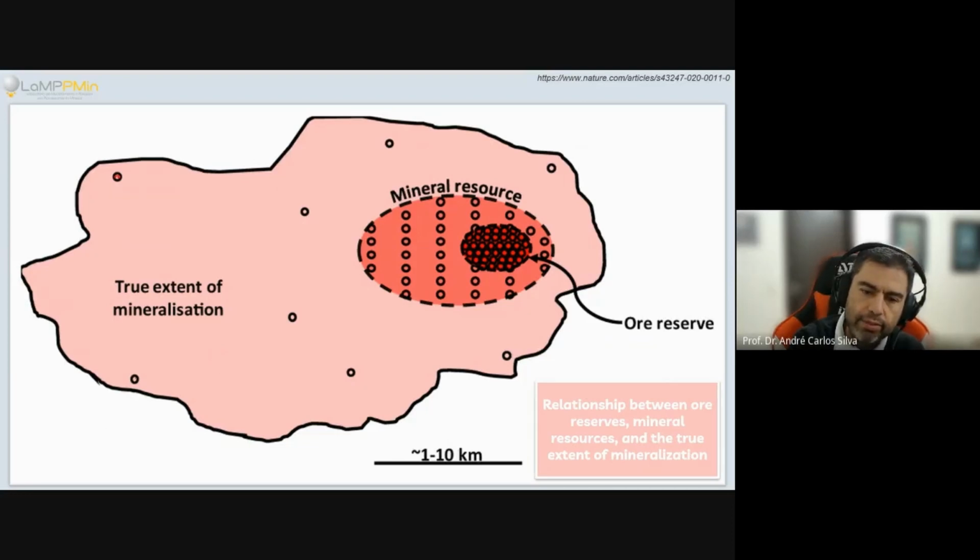Okay, so we went to the field, we collected samples on those areas, and we analyzed the samples. And definitely we have ore. Okay, we have gold at this point. But then we have to choose a narrow area because we're talking about a kilometers-wide area. It's too wide to analyze everything.